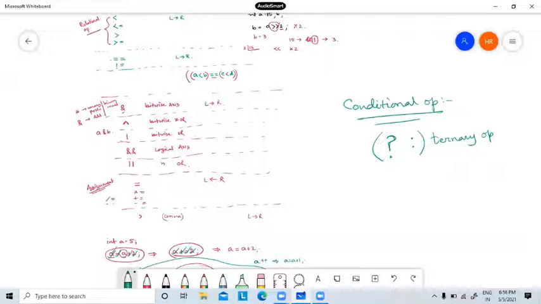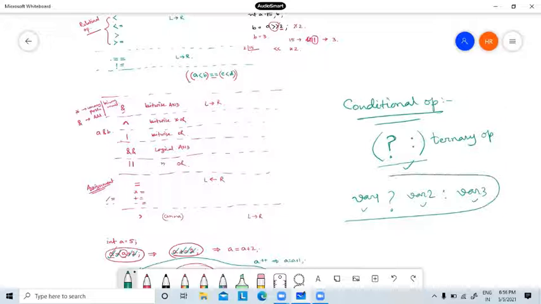Now remember this: the conditional operator is the only operator which acts on three different operands. It will be written like this: some variable, say variable 1, then question mark, variable 2, colon, variable 3. So you are using three different operands to represent this operator.